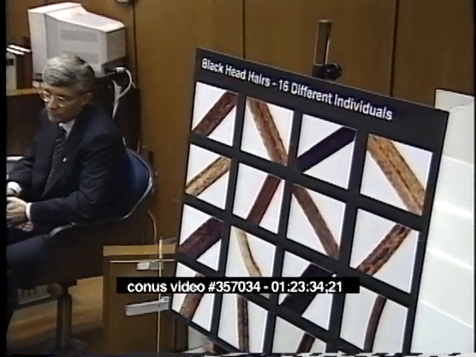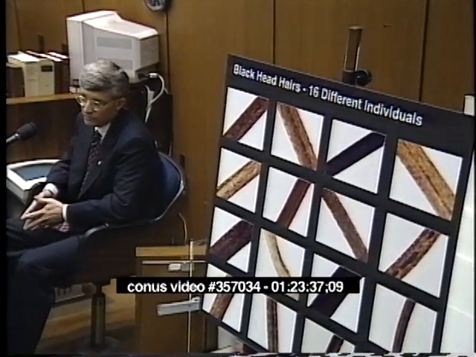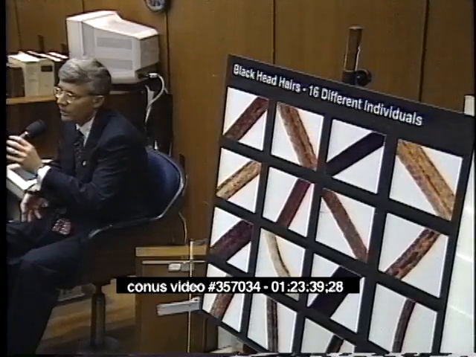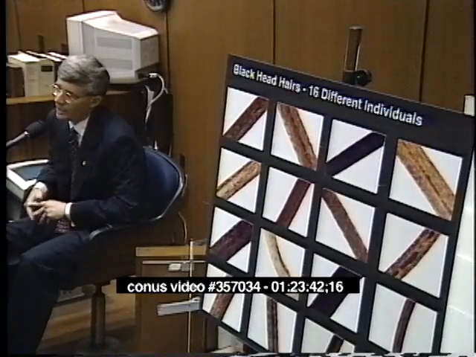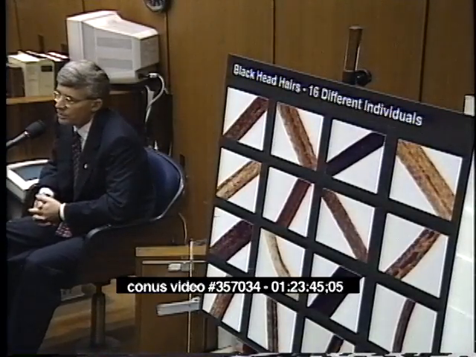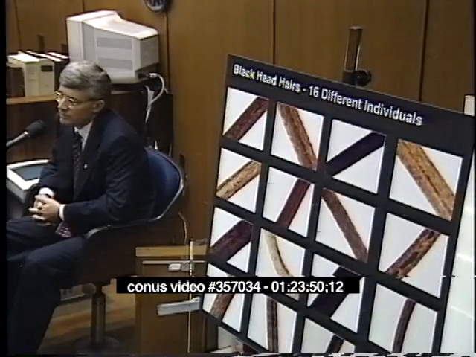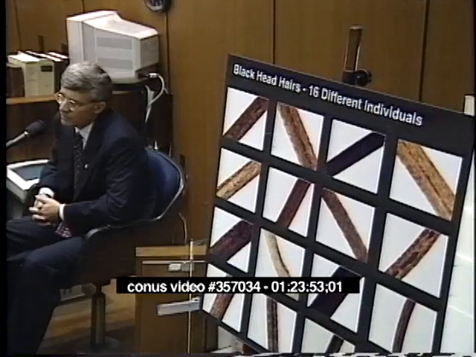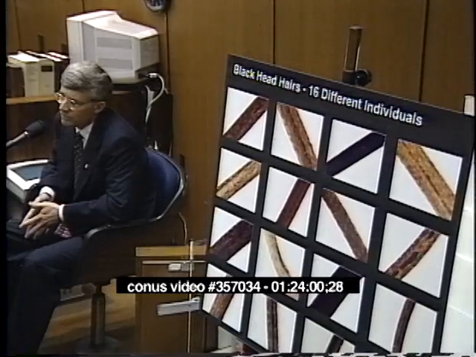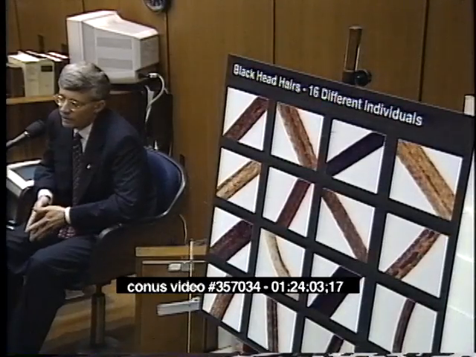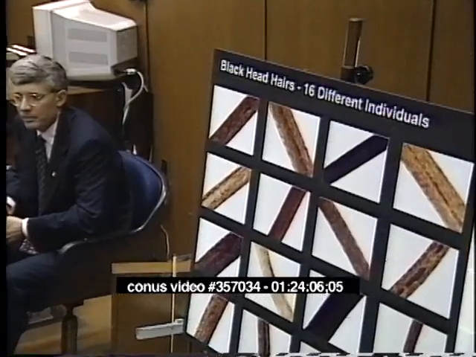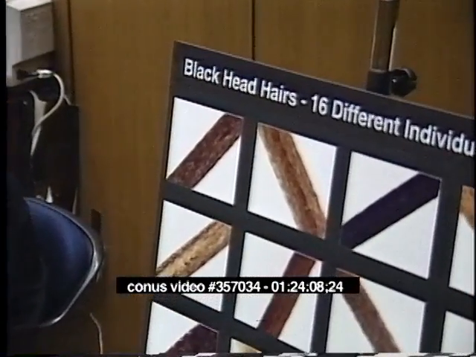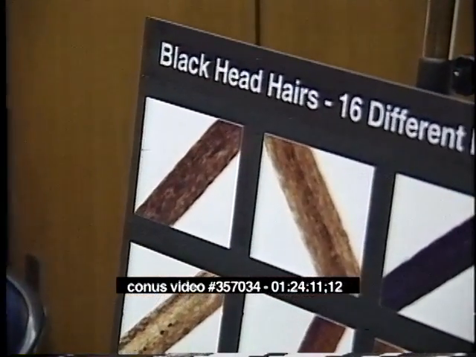So, are these all photographs that you have at the FBI? Well, no, I photographed them. Those were hairs of different black individuals, blacks from this country and from Africa. Tell us what you're trying to demonstrate with this chart. These are hairs that were taken just at random from samples from individuals that were in the reference collection.